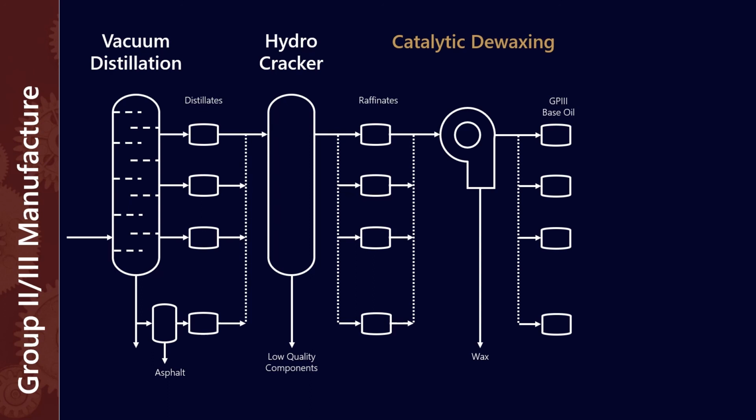So again, we are actually changing the physical structure of the molecules to give us more desirable performance properties. By dialing up any of these, we can move from a Group 2 to a Group 3 base oil, but we get lower yield. And that's why the Group 3s tend to be a little bit more expensive.